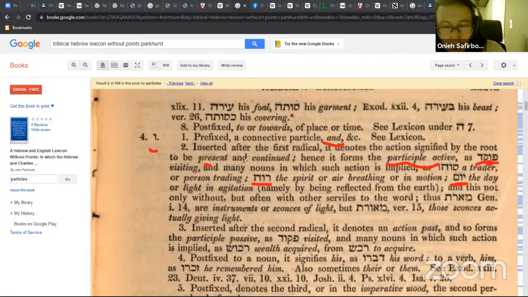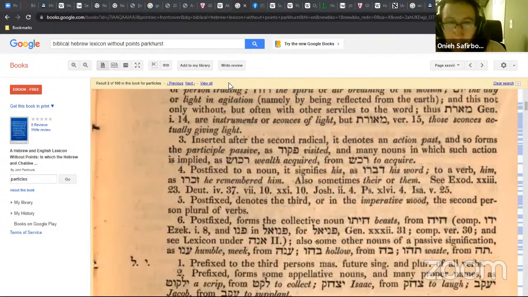Let's see here. All right, so then wa also can signify the past participle. So basically if you're using it for the word visit, it means visited when it's pachod.